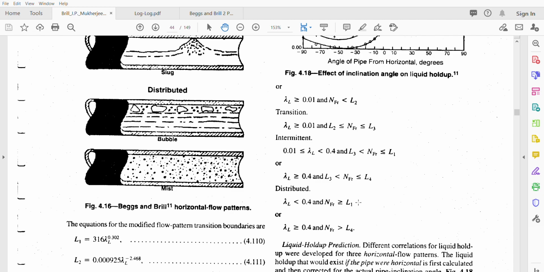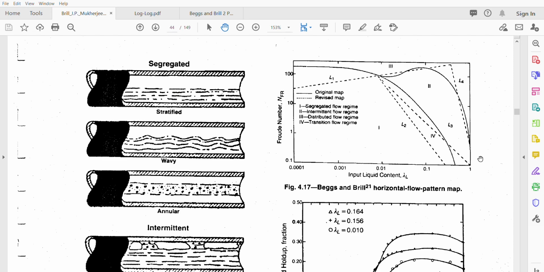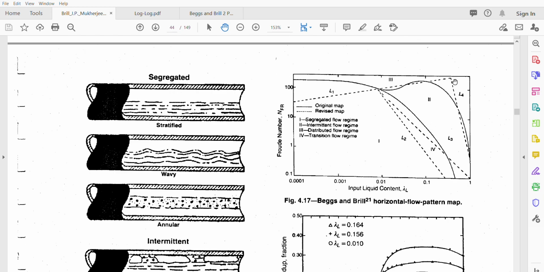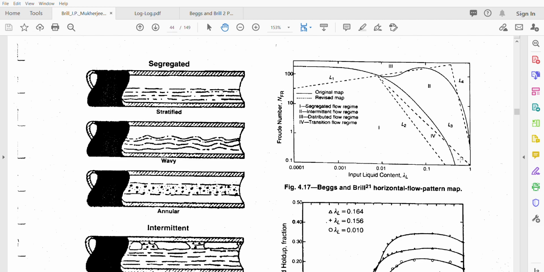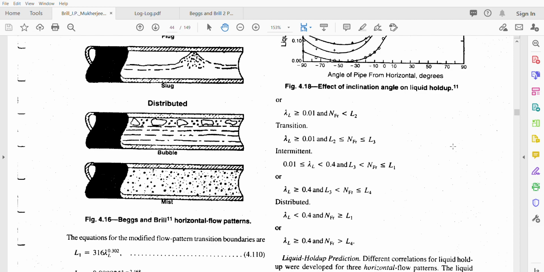And the second part of the intermittent one: if lambda L is larger than 0.4, NFR is lower than L1. So in this area, if lambda L is larger than 0.4, it will be below L4 and larger than L3.